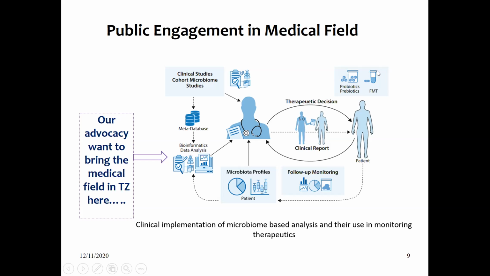You introduce the pure isolate of those missing bacteria to that individual. Then you do the monitoring to see whether the pattern is changing or not. And when you do the monitoring, then you come up with a profile, whether this is recovered or yet to be recovered. This profile also is kept in the database so that our researchers or our medical doctors can use this as a reference to do a diagnosis.